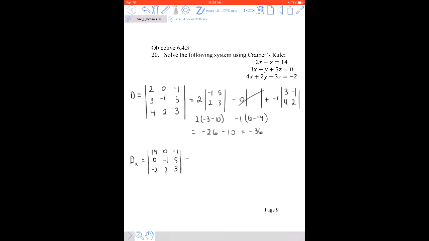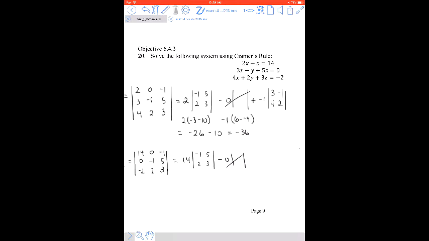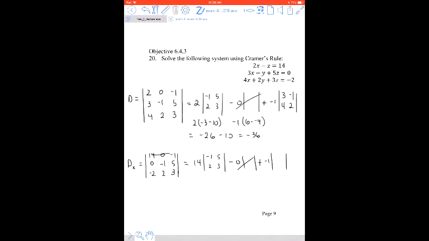So 14, and then if I cross out the row and column containing the 14, I would be left with the minor matrix negative 1, 5, 2, 3, and then subtract 0, and it doesn't matter what's left over from that because 0 times anything is 0. And then plus the negative 1, and if I cross out the row and the column containing negative 1, I'd be left with that minor matrix right there.